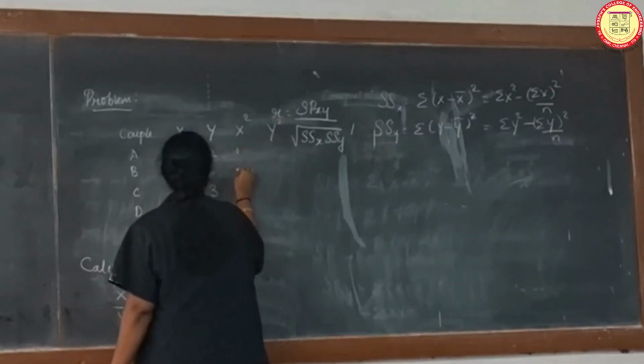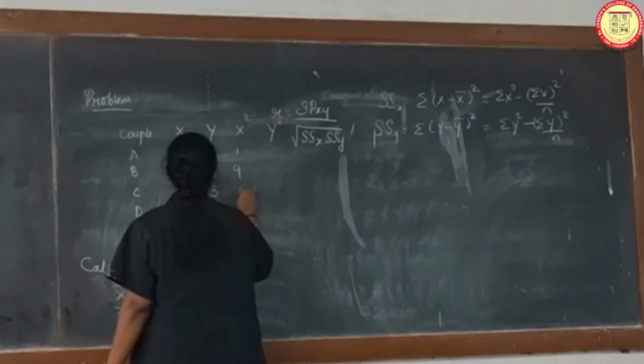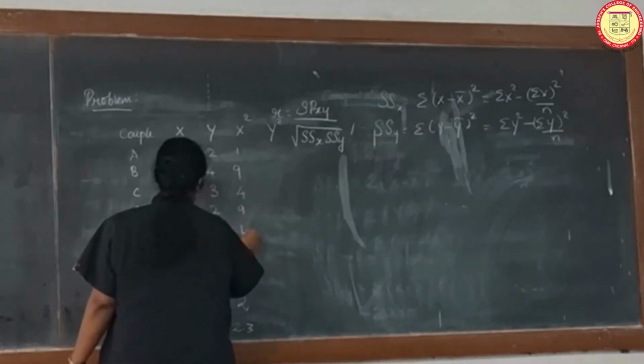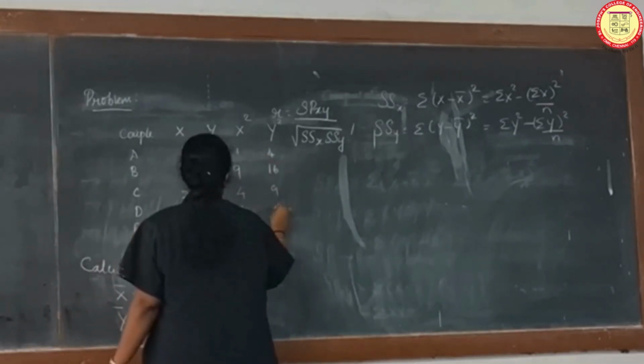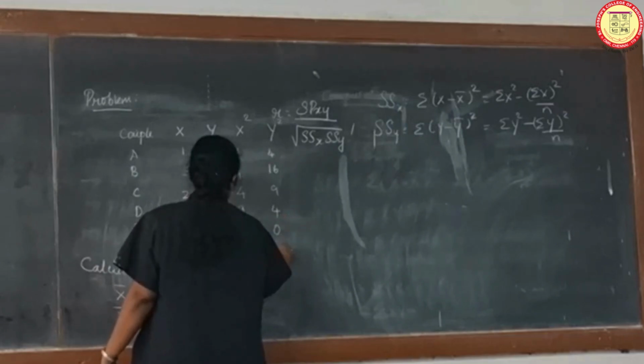Okay. So 1 square is 1, 3 square is 9, 2 square is 4, and so on: 9, 1, 4. Here for y: 4, 16, 9, 4, 0, 9.